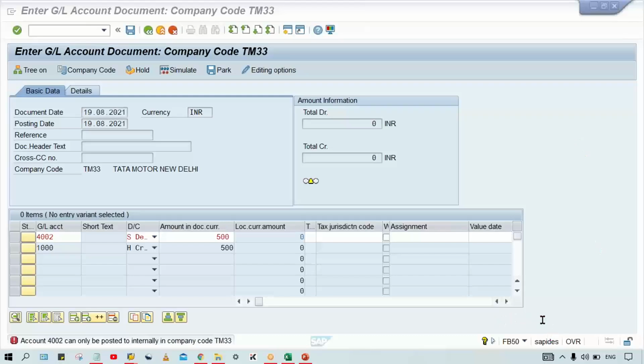Okay, now Amita is asking what is the advantage and disadvantage. See, there is no such advantage or disadvantage. Of course, if you talk about tax, tax accounts can also be specified as post automatically.